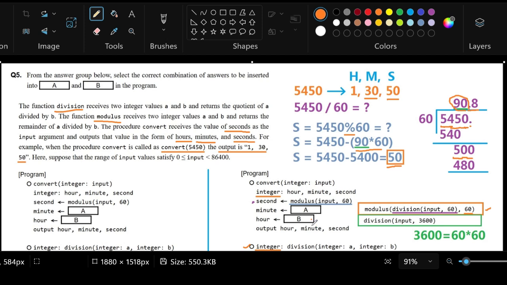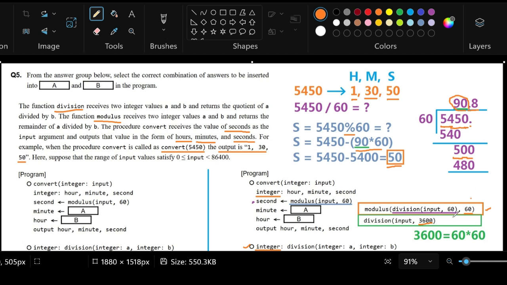Now the last blank for the R, I think that 3600 is the number that would give us 1, because if we ask how many 3600s are there in 5450, we know that there will be only 1. So that gives us 1 as the answer.